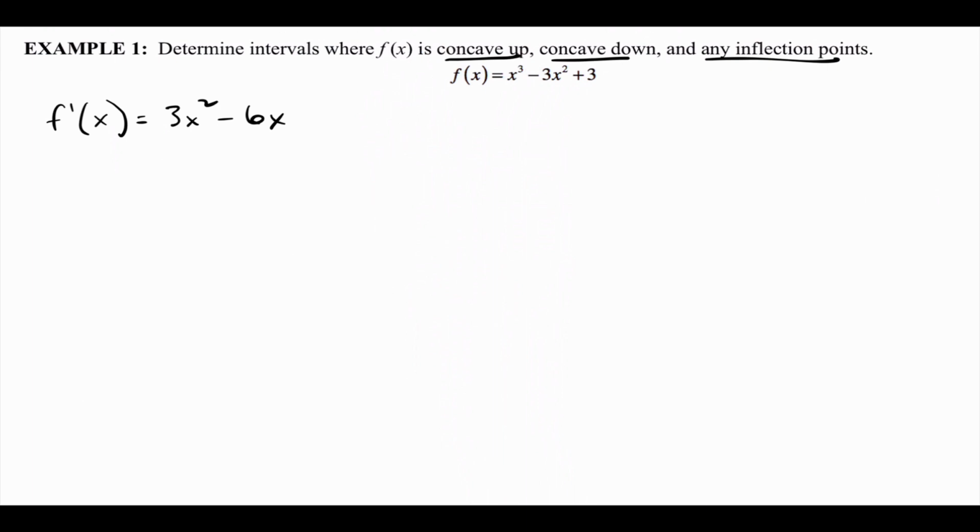We use the first derivative when we want to know about increasing or decreasing or relative maximums and minimums. It's not asking us for that. It's asking us for concavity. So we're going to skip that one and go right to the second derivative. The second derivative is 6x minus 6.